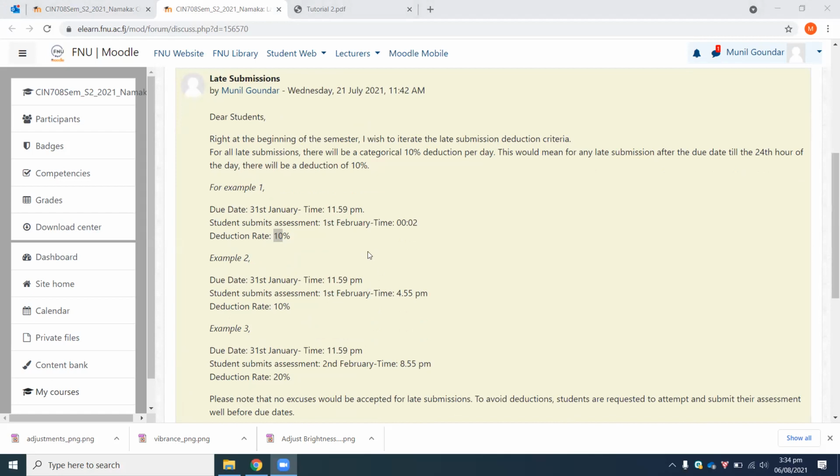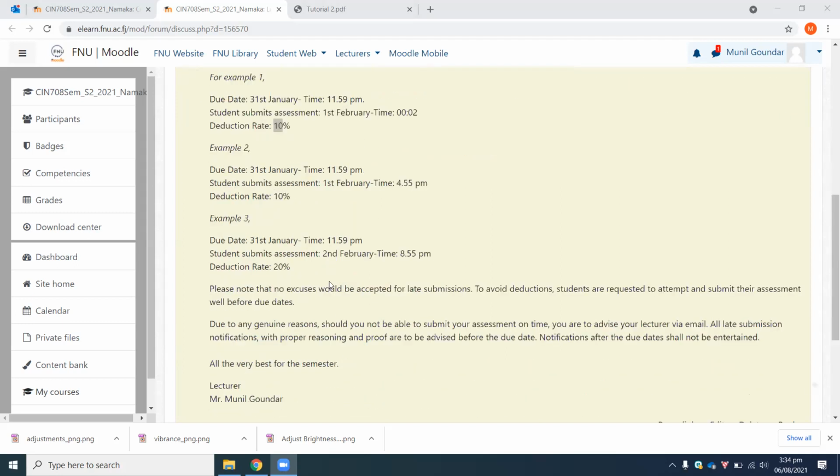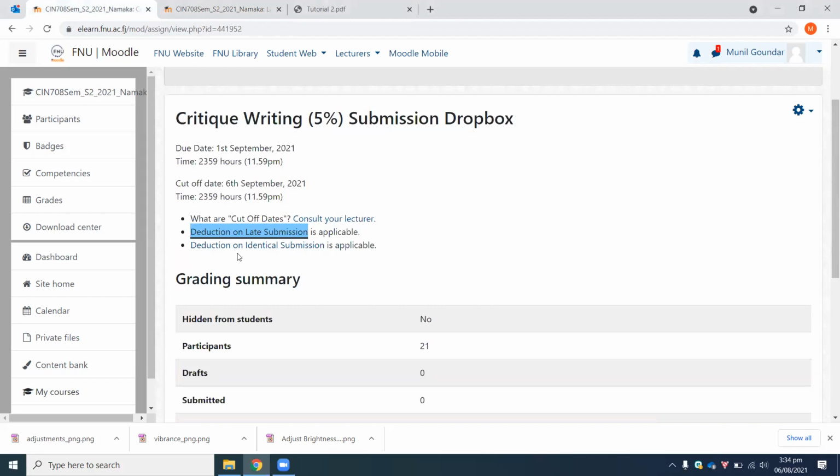If you exceed the 24 hours and hop into the 25th hour, that jumps into the 48-hour time range, so 20% deduction in total. Go over this. And if you submit late after 11:59 p.m., it's a 10% reduction within the 24-hour time range.